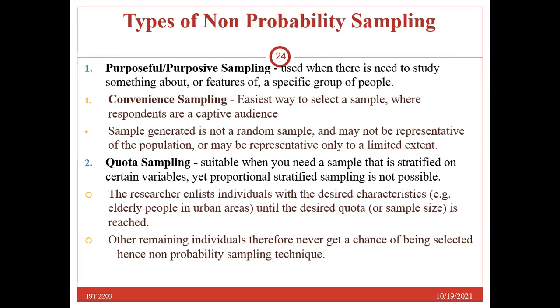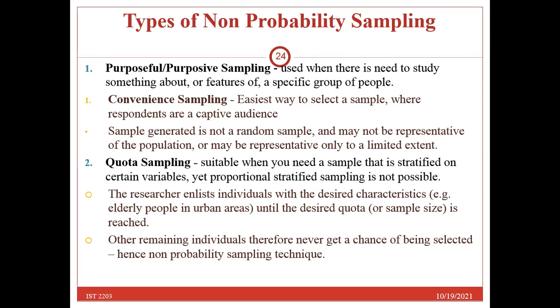Then we have quota sampling. This is suitable when you need a sample that is stratified on certain variables, yet proportional stratified sampling is not possible. So you find that you cannot exactly do stratified sampling as it is supposed to be. You cannot divide the population such that you have male separated alone and female separated alone, but yet you want to represent these different characteristics.